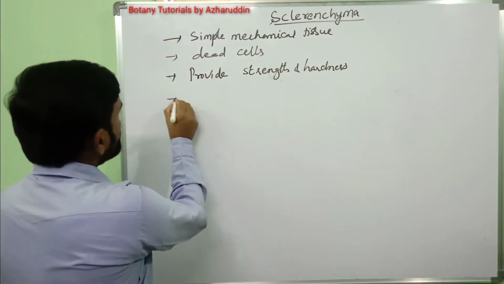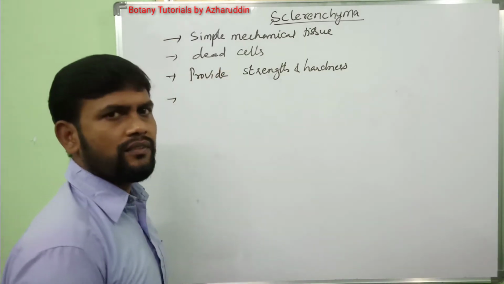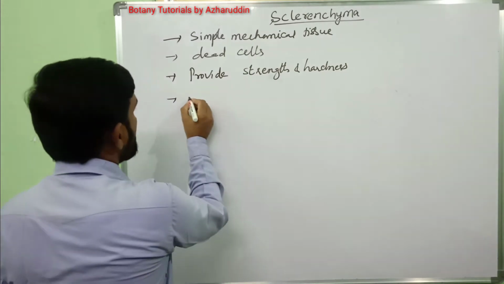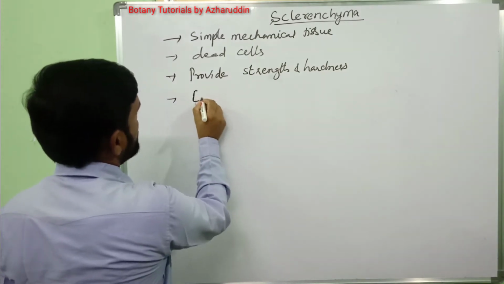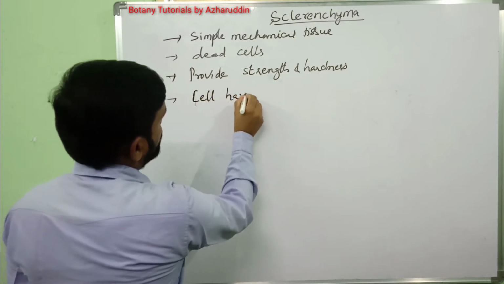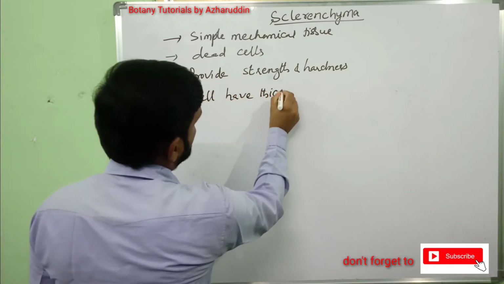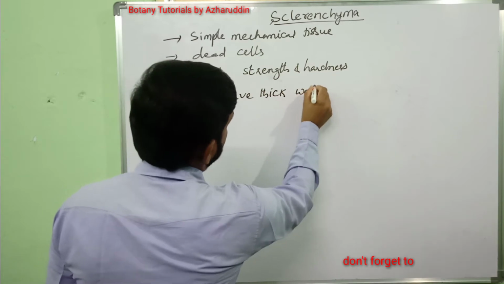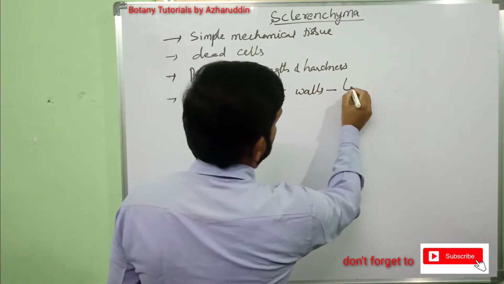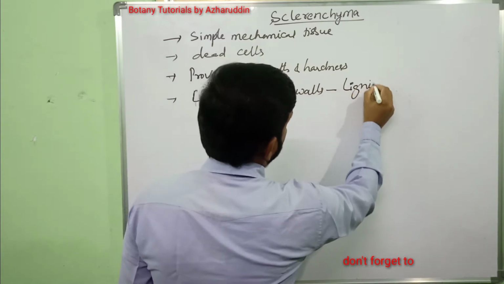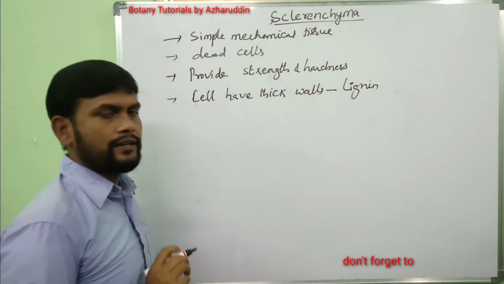Next, the sclerenchyma is composed of cells and the cells have thick walls. These cell walls are generally made up of lignin.